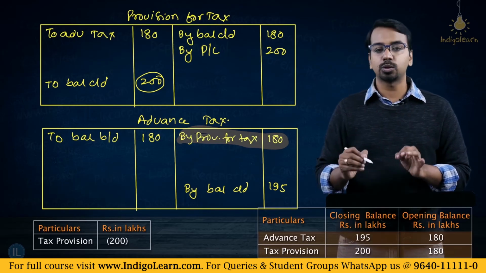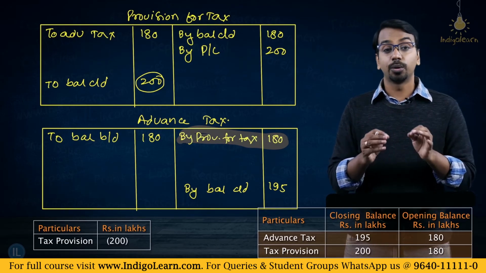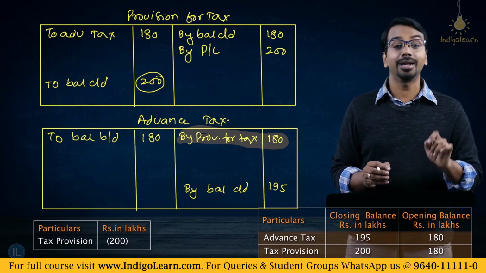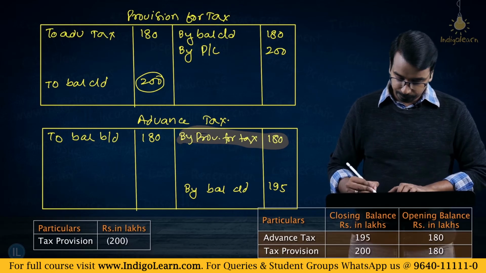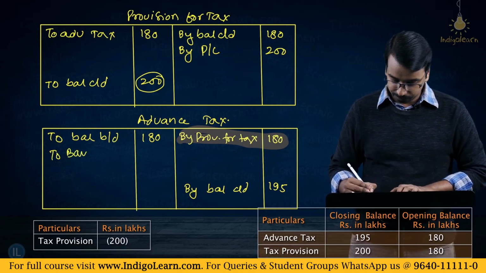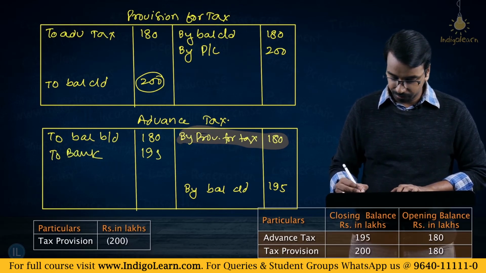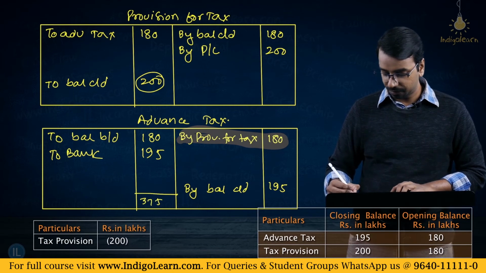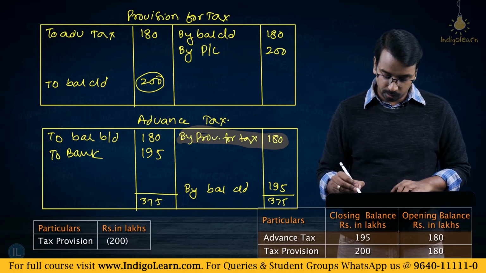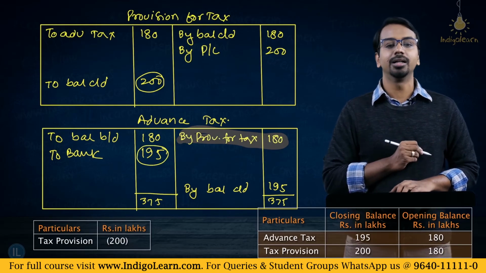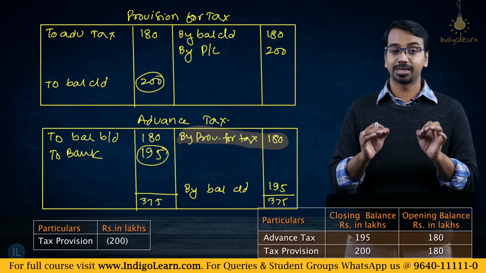So 195 plus 180 minus 180. So in this year the company has in effect paid 195 as advance tax. So to bank 195. This becomes 375. Here also you have 375. So this is the amount that has been paid as taxes in the current period. I hope it is clear.